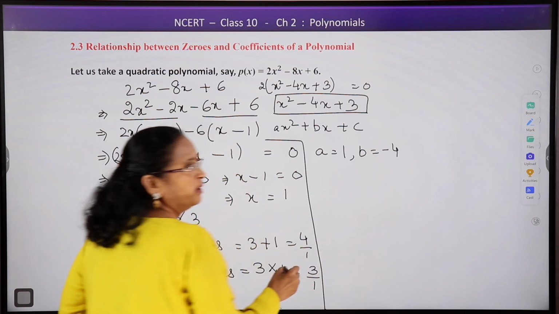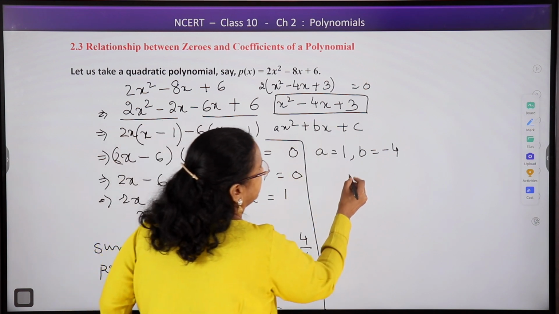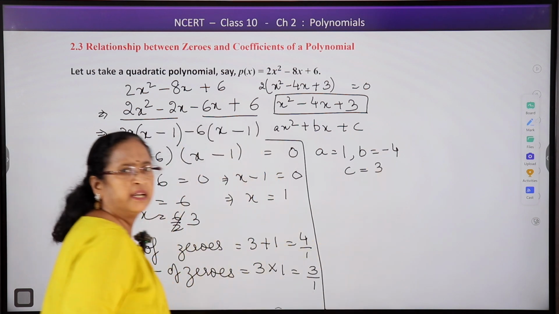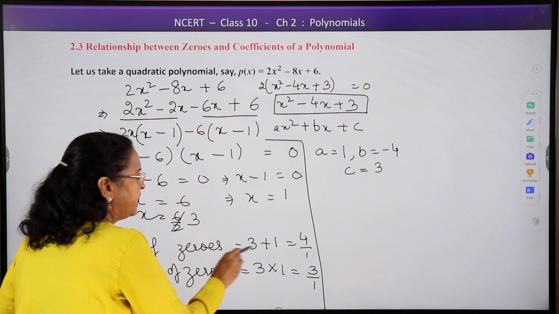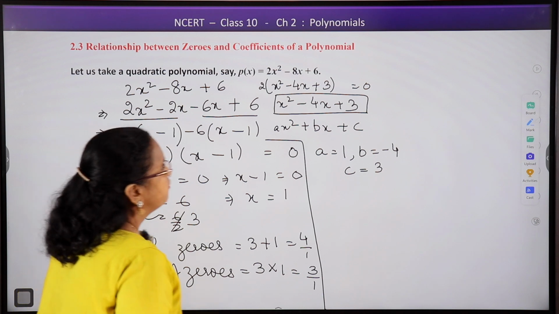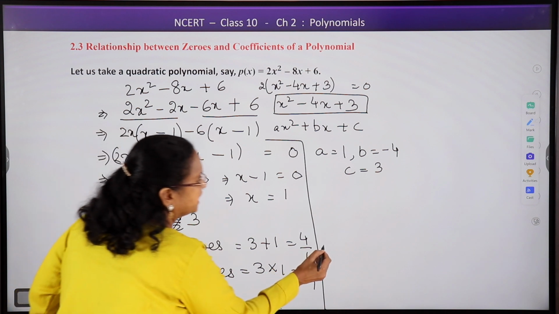Minus 4. Please don't forget to write the negative sign. Minus 4. What is the value of C, which is a constant? 3. Now, when we are doing the sum of zeros, it is coming 4 by 1.